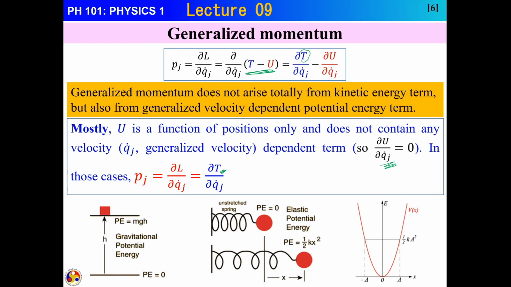In the examples you can see here, in the first problem the potential energy is a function of height, and in this it is a x square, and here also for a particular value it is a square, otherwise it's in the form of half k x square. So in all these problems, we always assume that the potential energy never depends on the generalized velocity.